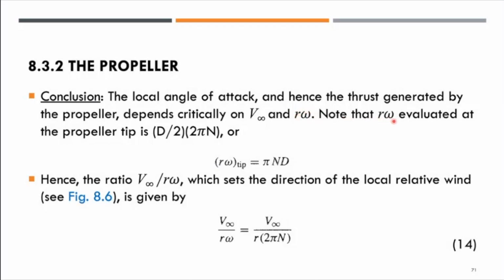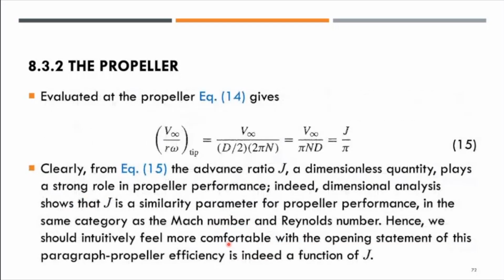Note that R omega is evaluated at the propeller tip, where the radius is D over 2 times 2 pi n, so R omega at the tip is equal to pi times n times D. Hence the ratio of the free stream velocity over R omega, which sets the direction of the local relative wind, is given by equation 14 over here.